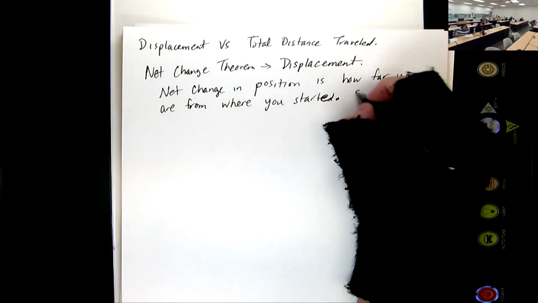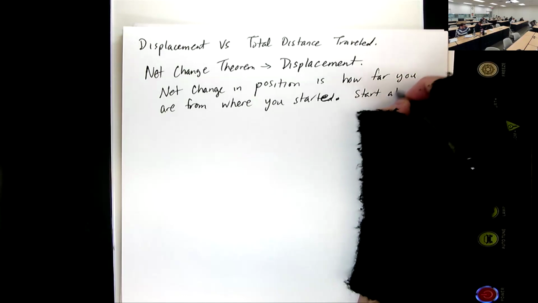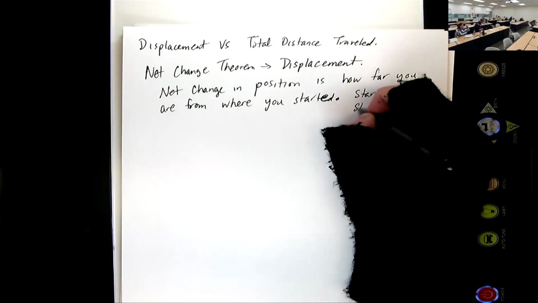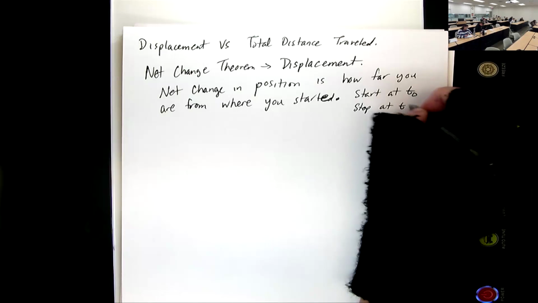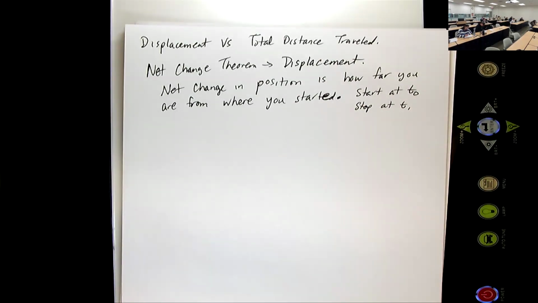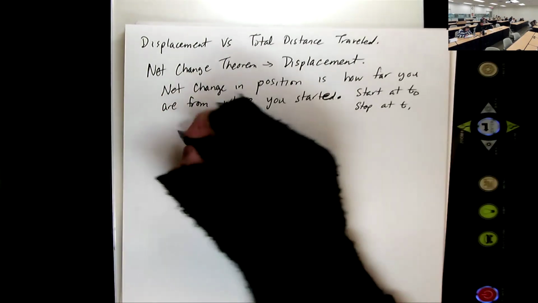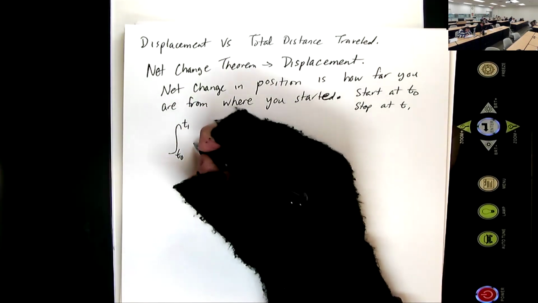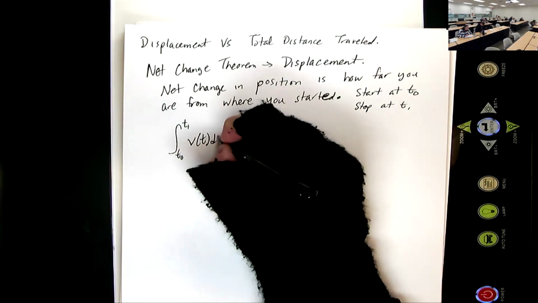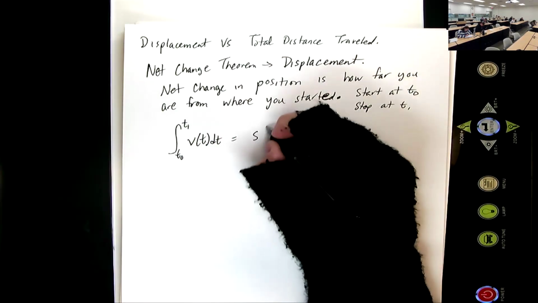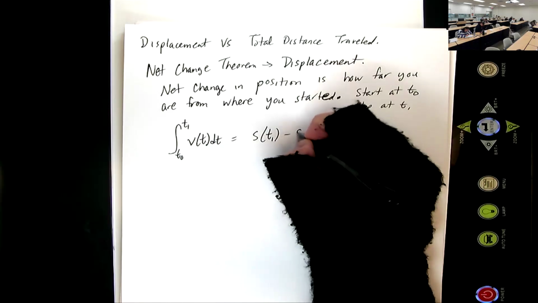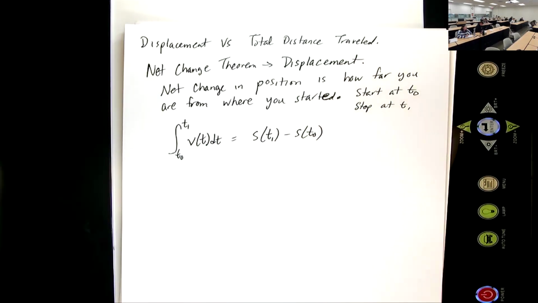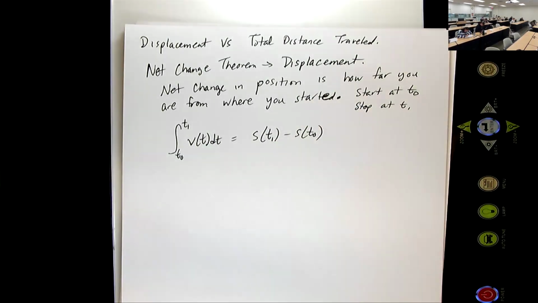Let's say you start at t0 and stop at t1. Then the integral from t0 to t1 of v of t dt gives us s of t1 minus s of t0, our change in position.